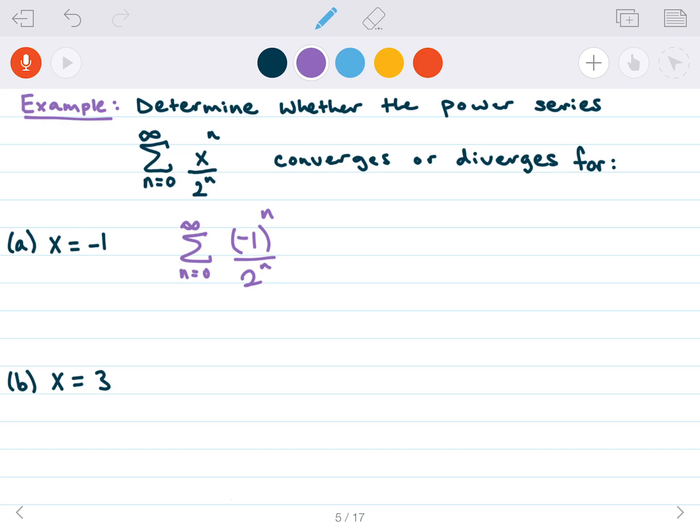So if we were to expand this out, when n equals 0, we get 1 on top and 1 on bottom, so that's simply 1. Plus, when n equals 1, we get negative 1 over 2. When n equals 2, we get 1 over 4, etc. So this is an alternating series.